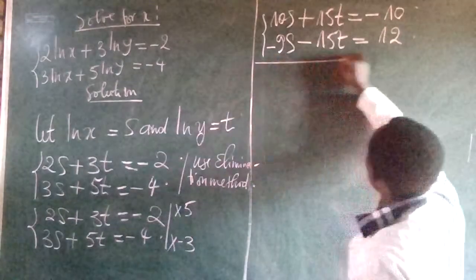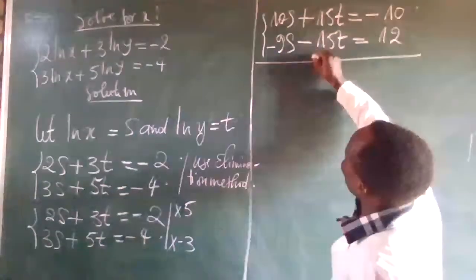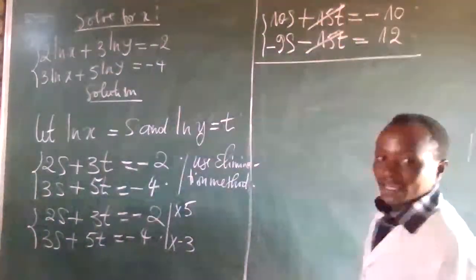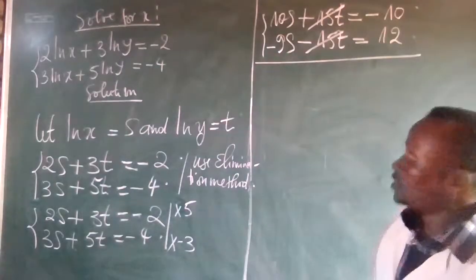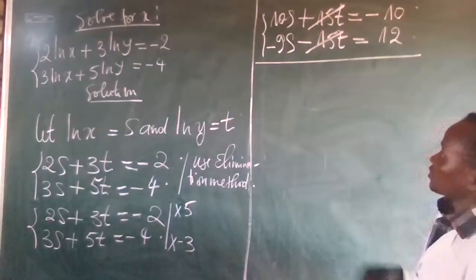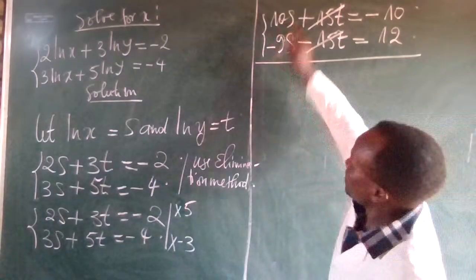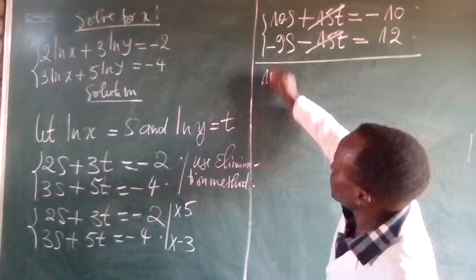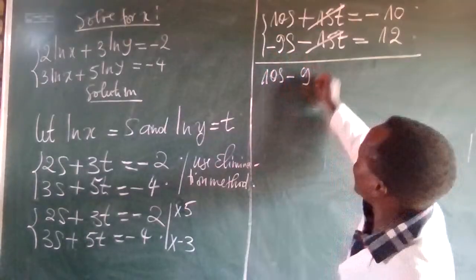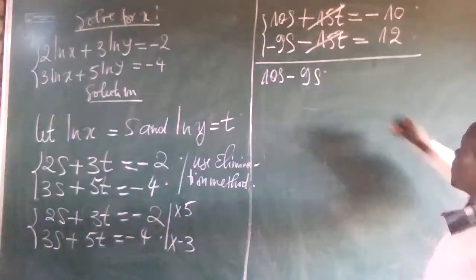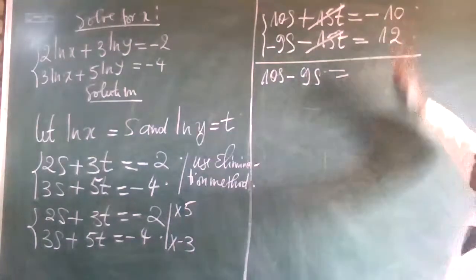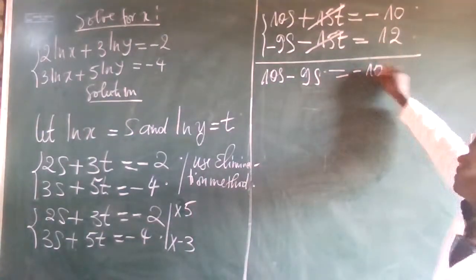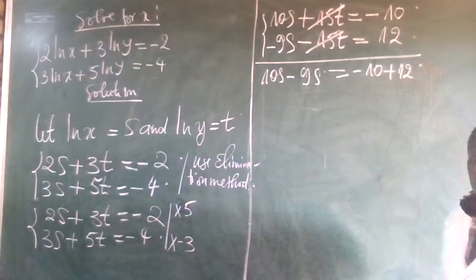Then by the elimination method, we eliminate the same numbers with different signs. So here we remain with 10s minus 9s, which is equal to minus 10 plus 12.